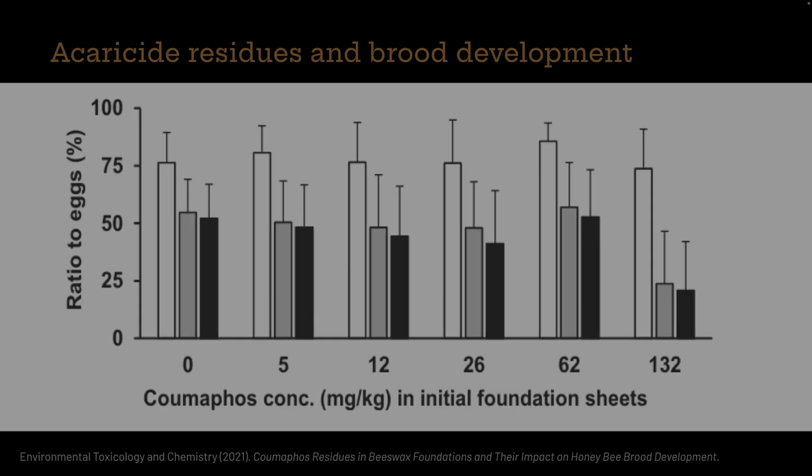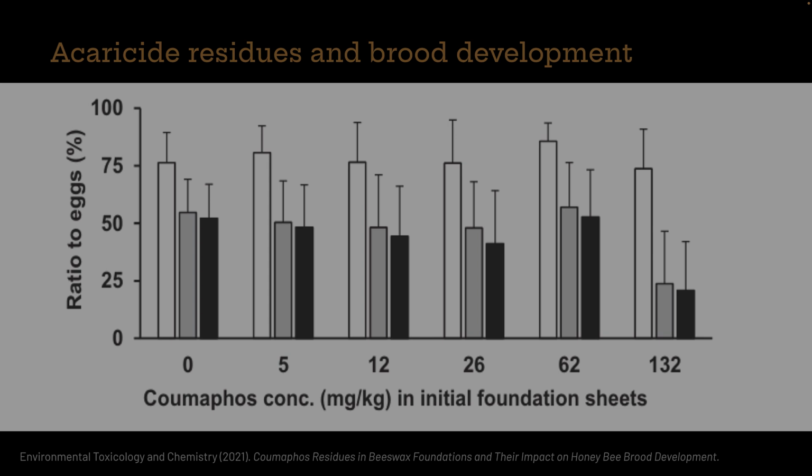And finally, we examine the impacts of acaricide use on developing broods within colonies, as seen in a 2021 study from Environmental Toxicology and Chemistry. Now, within this study, the data shows that colonies with higher levels of coumaphos residue in beeswax foundations found a 25 to 30% increase in larval mortality rates as compared to the control group.